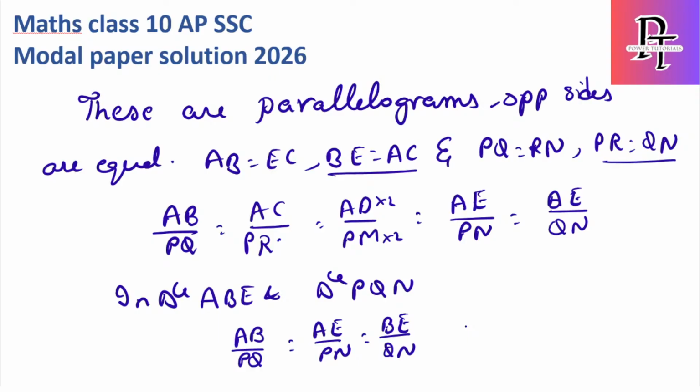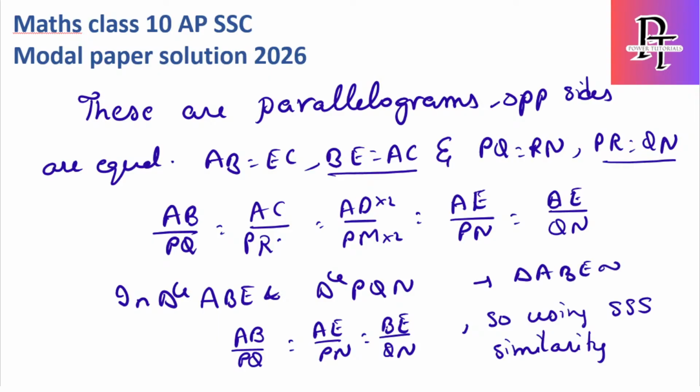Okay, so using SSS similarity, I'll write it here, but write it in the below part. Triangle ABE is similar to triangle PQN.